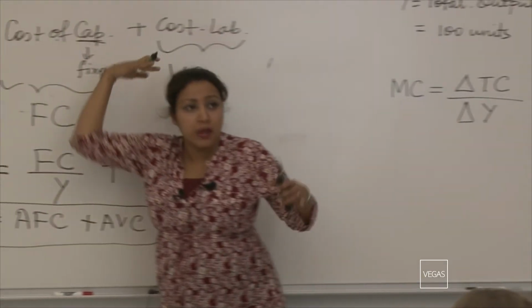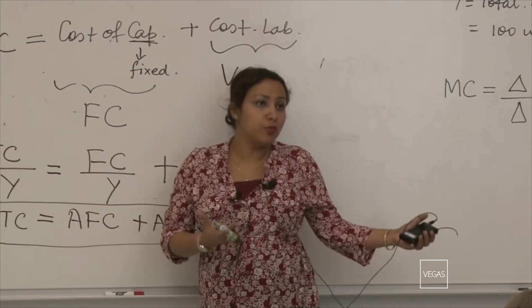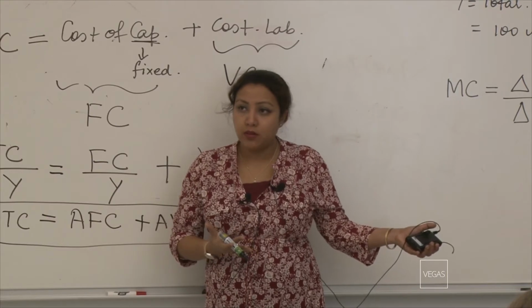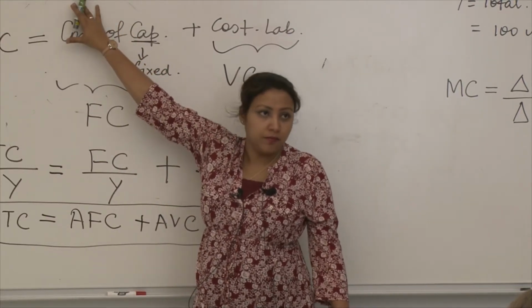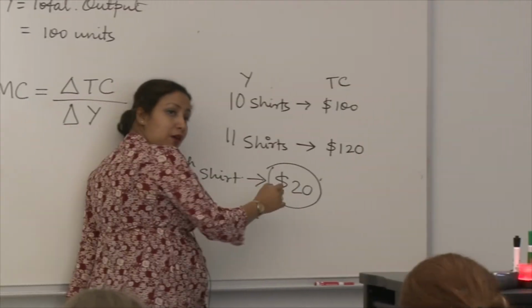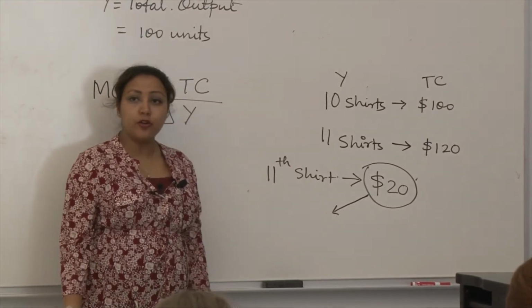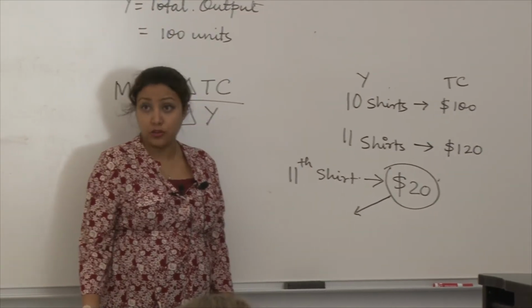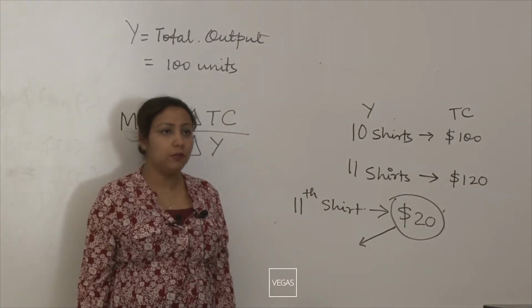I have to use the same number of machines to produce 11 as I used for producing the first 10. By assumption, my number of machines is fixed. So this entire increase of $20 must have come from labor. Do you agree? Are you all clear about this? This is an important thing that you must understand.